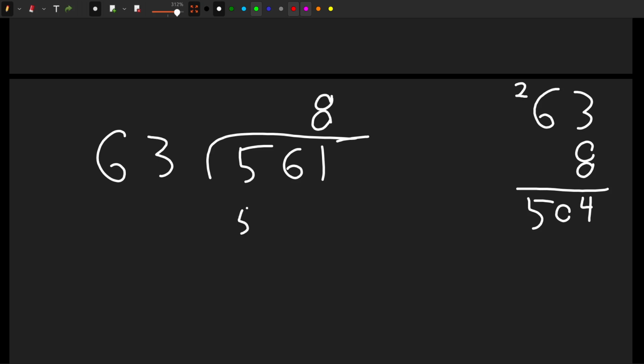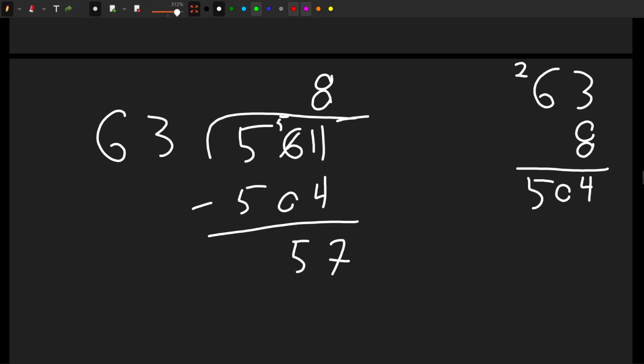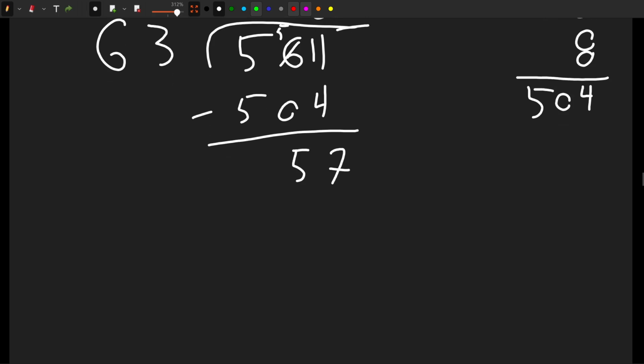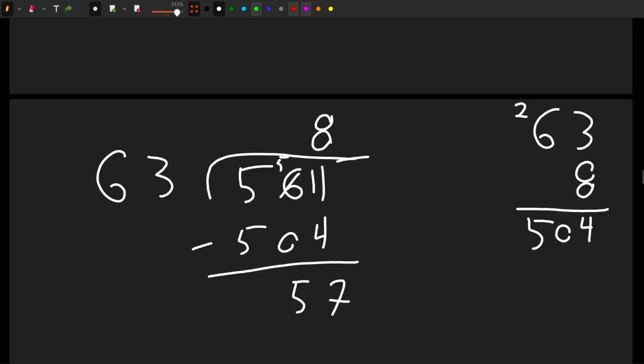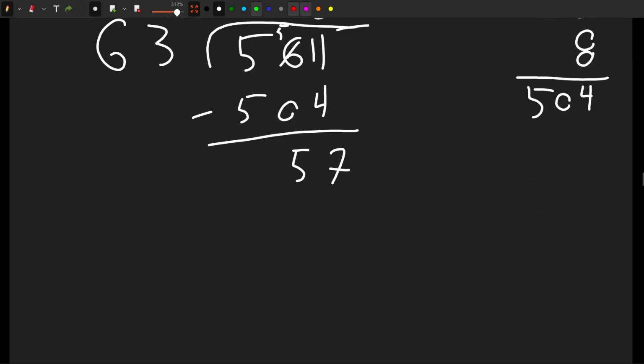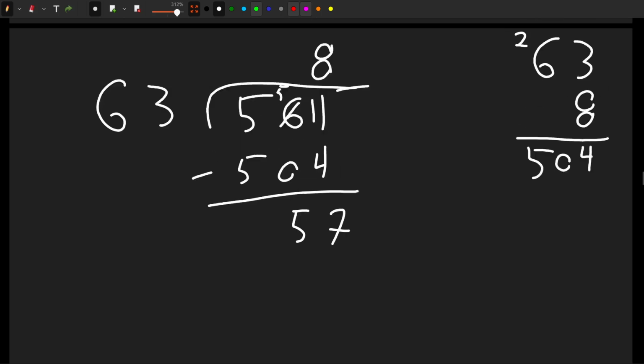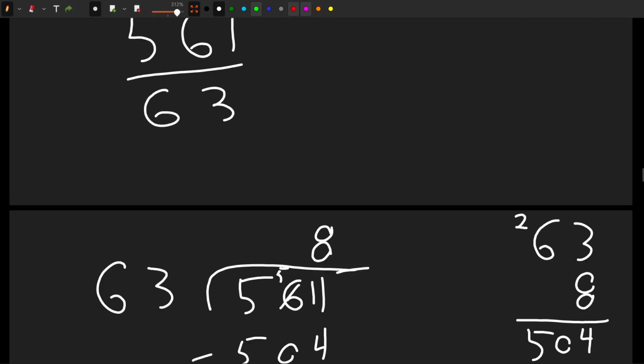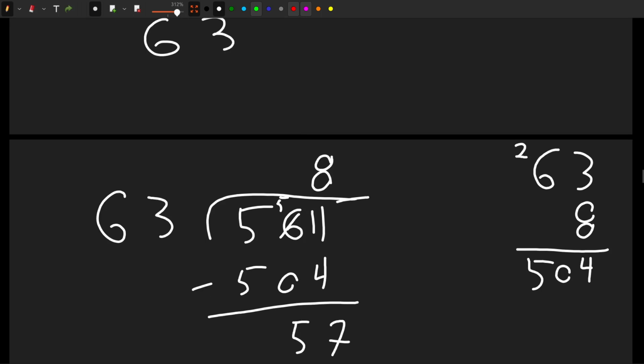I'm going to get 504 here. I'm going to subtract this now. This is going to become a 5. This is going to become an 11. 11 minus 4 is 7. We'll be left with 57. And so, hang on a moment, what was my original number? 561 over 63.